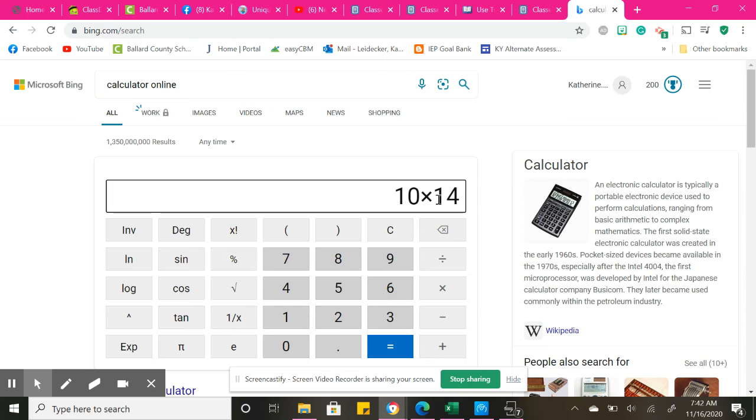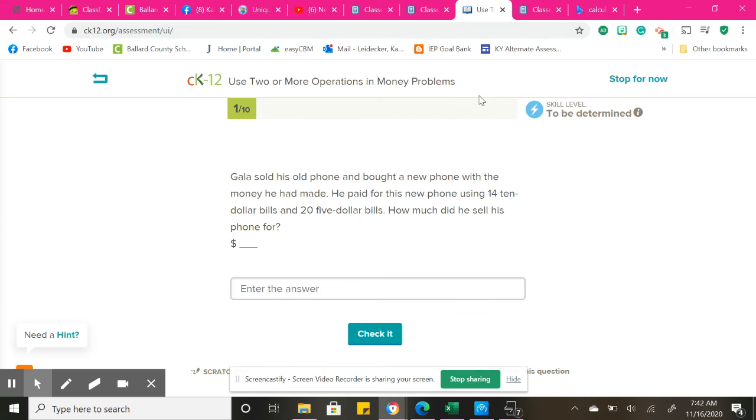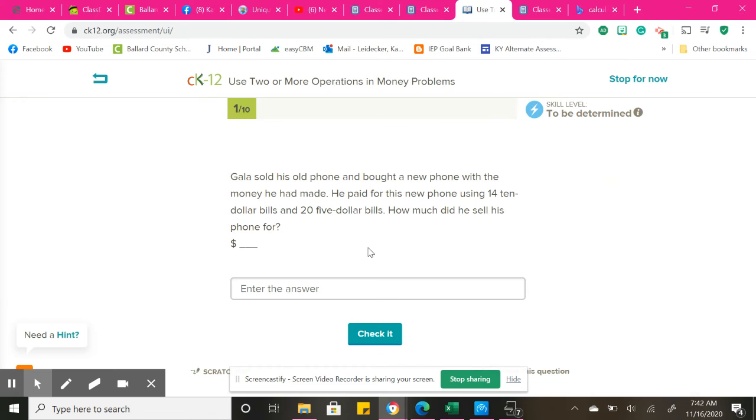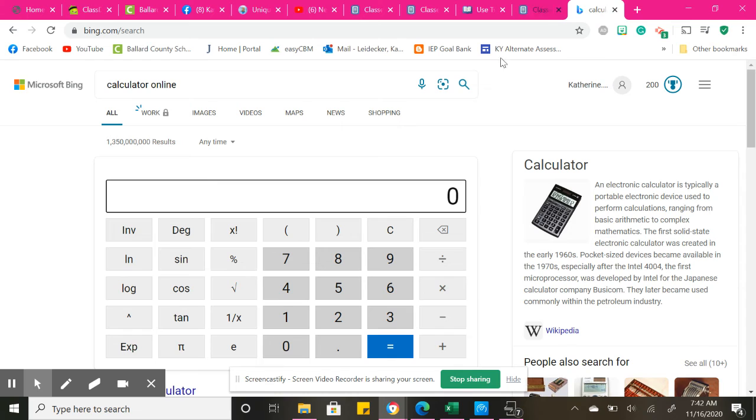So I do 14 times 10 equals 140. So I'm going to keep that number in my head, 140. Then I have $25 bills. So I'm going to clear this out. Remember 140. And I have $25 bills.